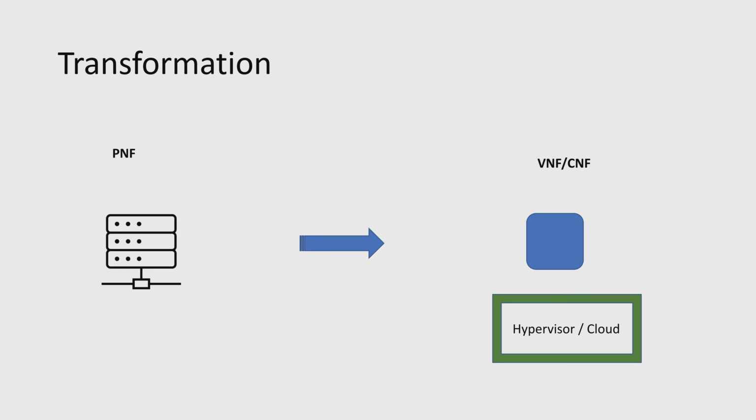The functionality of that network function is designed in such a way that it can be kept inside a virtual machine, and that virtual machine will act like that particular telco network function.